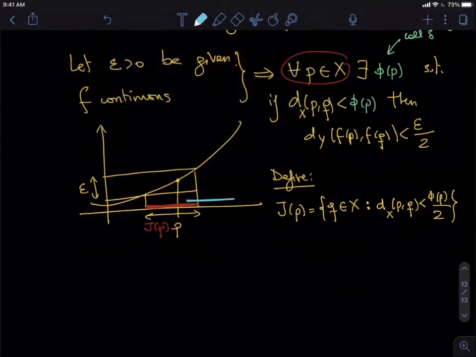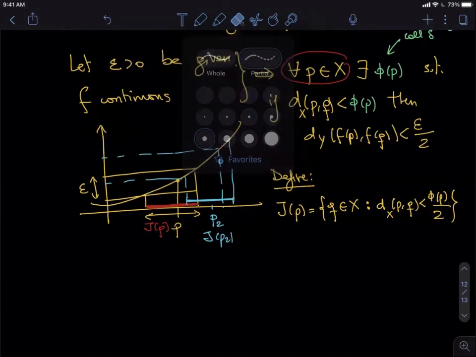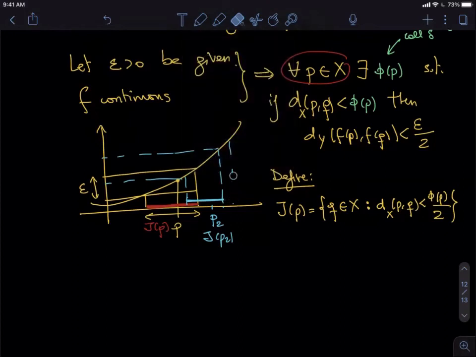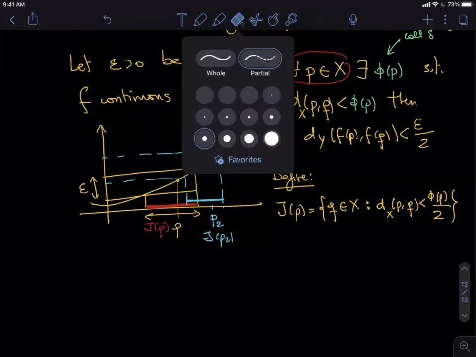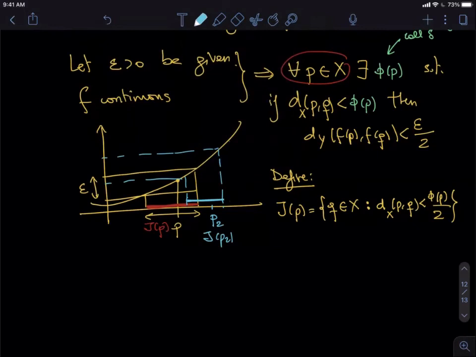So for example, if this is some P2, I'm going to find a different neighborhood, which is going to have a different size, depending on where we are working.